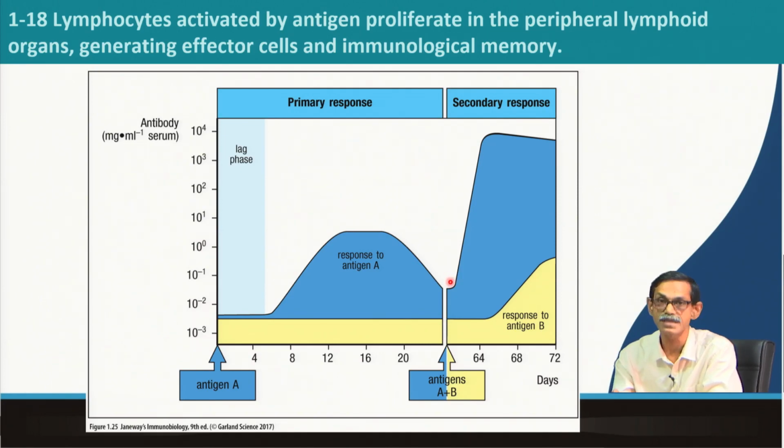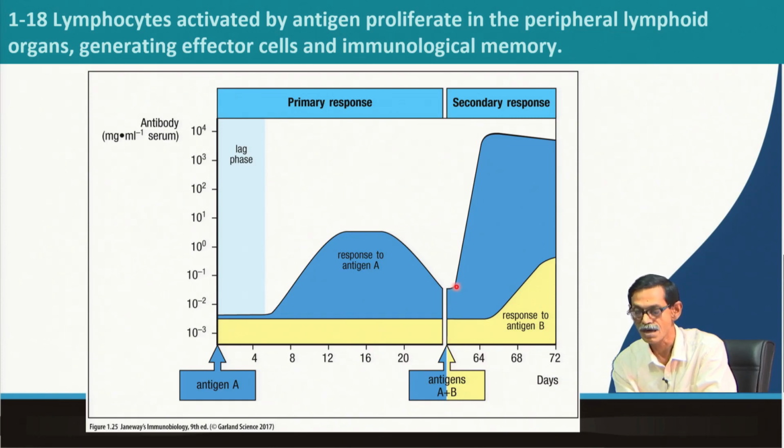So, what is happening? In the beginning it took almost 7 days. Next time if I inject the same antigen, within a very short time, maybe 1 or 2 days, it starts increasing. Not only does it take less time to produce antibody, it produces much more. And if you see, it stays for a long time.